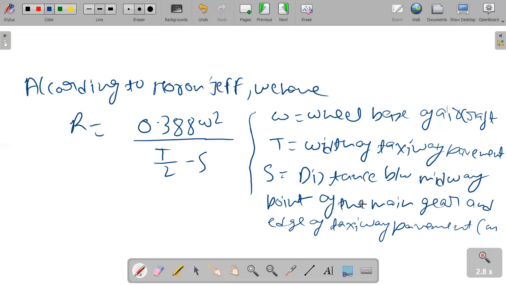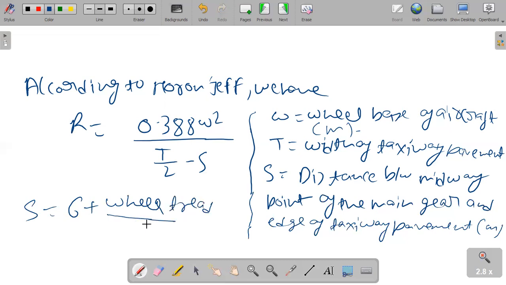Basically, it is in meters, and the wheelbase is also in meters. We also have a formula for S: it is 6 plus wheel tread upon 2, in meters. Okay, so this is all about turning radius.